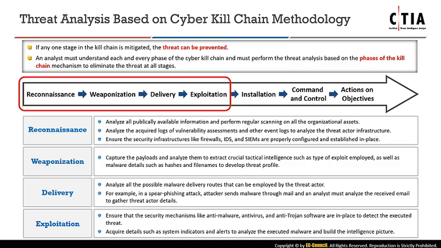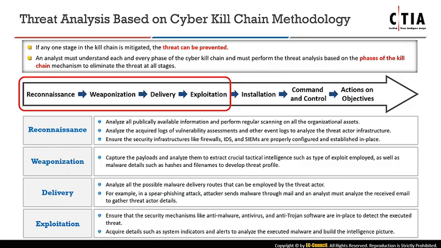The attacker is going to send malware through an email, and we as analysts need to analyze all the emails that are received and gather threat details. Because if we can stop the delivery of the weaponized payload, then perhaps we can kill the threat before it becomes an actual exploit.